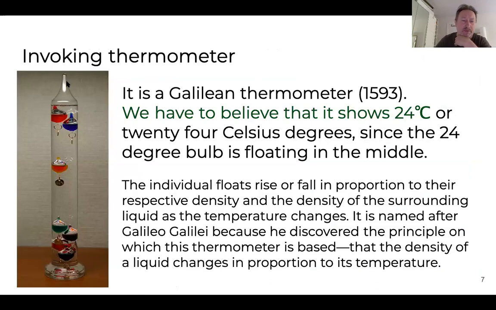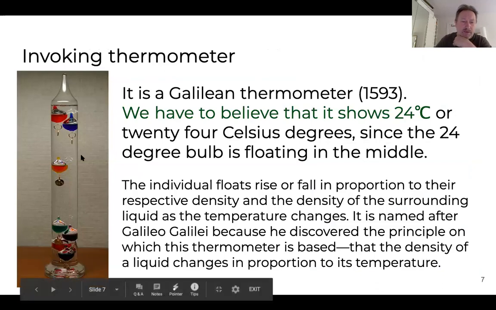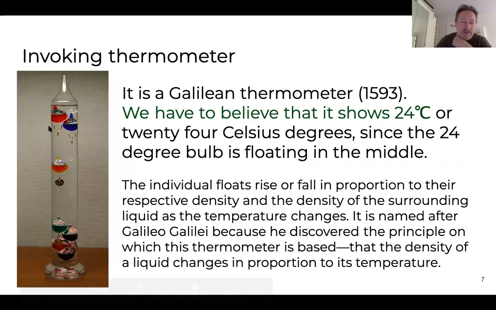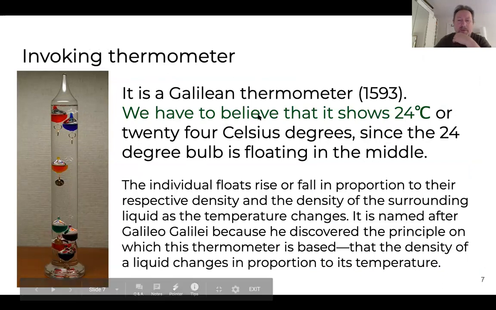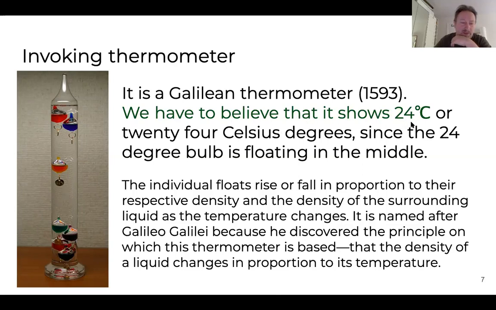And this is a thermometer. You see now it is an office decoration. It is a Galilean thermometer invented in 1593. We have to believe that it shows plus 24 degrees Celsius. If you magnify, there is a small metal tag attached to this vessel, and it shows 24.